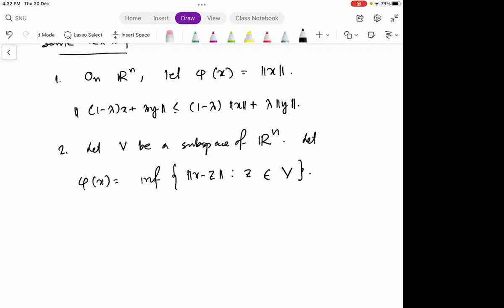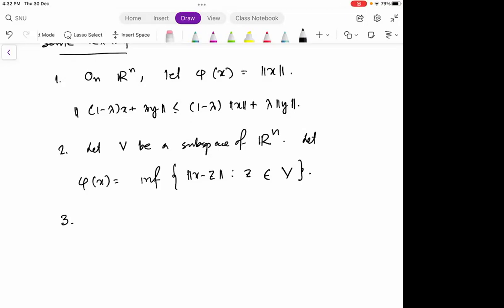Then we will be able to show that the sequence (1 minus lambda) un plus lambda vn will actually work for phi of (1 minus lambda) x plus lambda y. So that's the homework. Do that, and that will follow just from the triangle inequality of the norm.